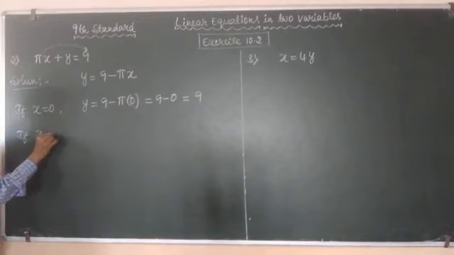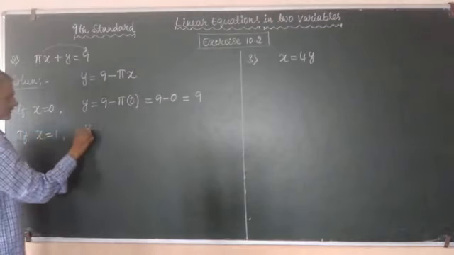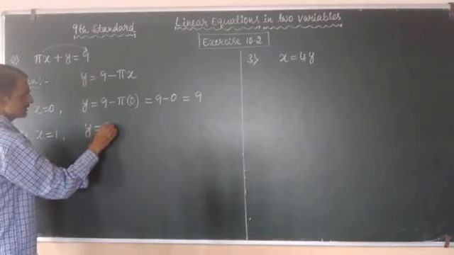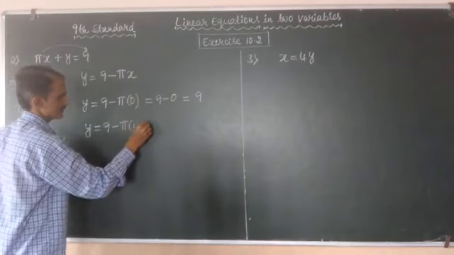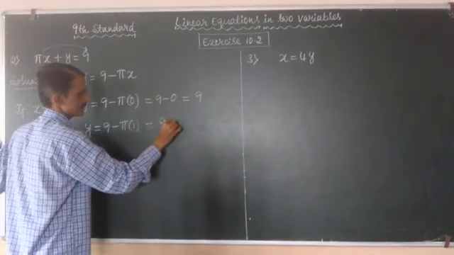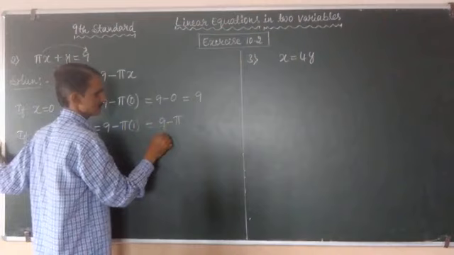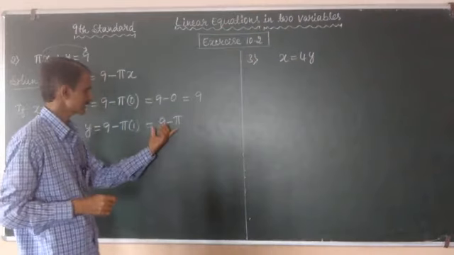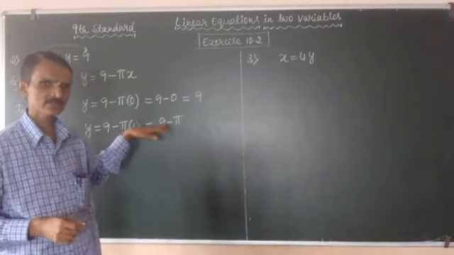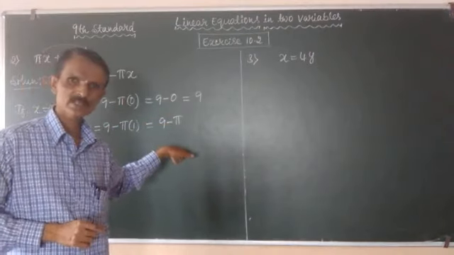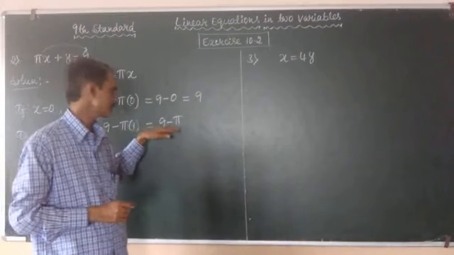Take x equals 1, y equals 9 minus 5 into 1 equals 9 minus 5. So this is the answer, this is the value. Because 5 is an irrational number, or we have to write 22 by 7 or 3.14.